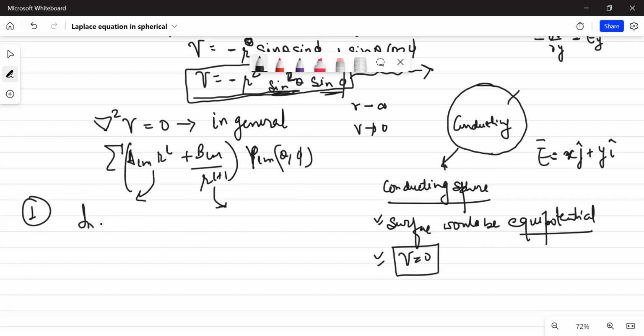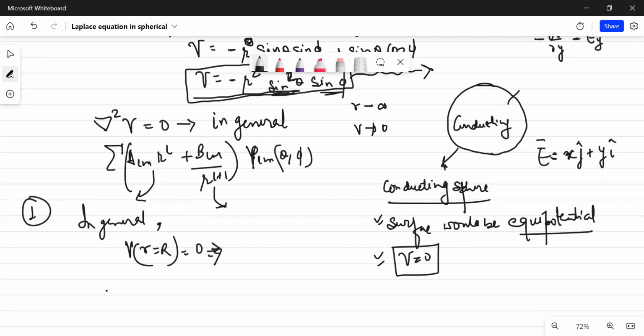And in general, now the potential I cannot write inside as well as outside in this fashion, that inside is this and outside is this. Why? Because in general, we have to write my potential in this form, because now no longer is my potential tending to 0 as r tends to infinity. So this is one thing that one must remember. So in general, your potential at r equals R must be equal to what? 0, because it is an equipotential surface.